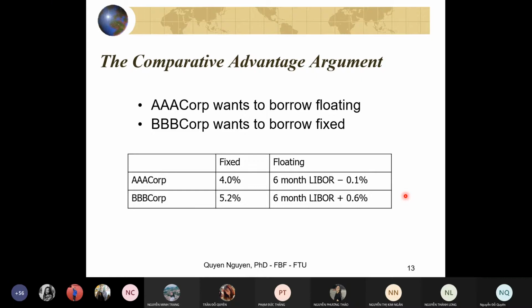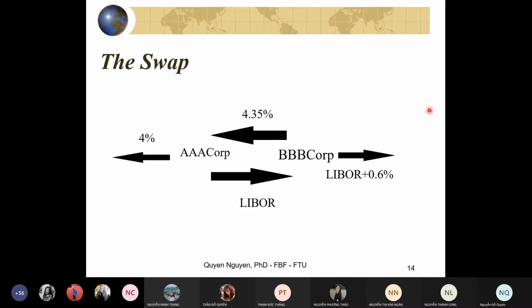The commission could be the agreement between the parties, but also it could be fixed or flexible according to each swap contract or each case. So if they sign the contract together directly, then they do not have to assign the commission to the financial institution.